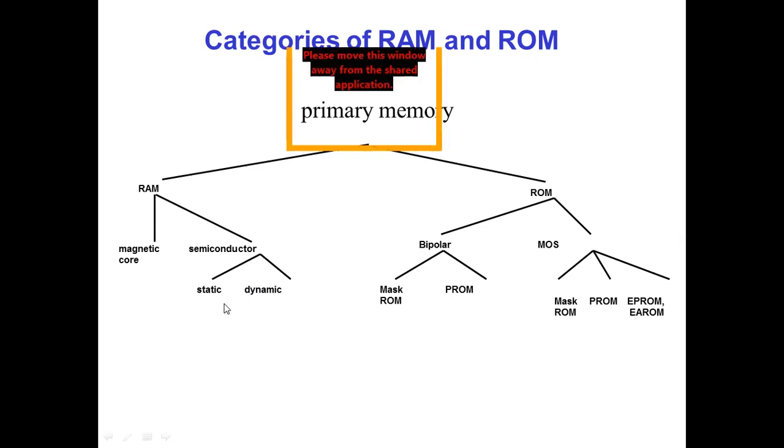But here the space is divided into fixed slots. We can divide it into 4K byte, 4K byte, or 2K byte, sometimes 4K byte and 8K bytes, like this.